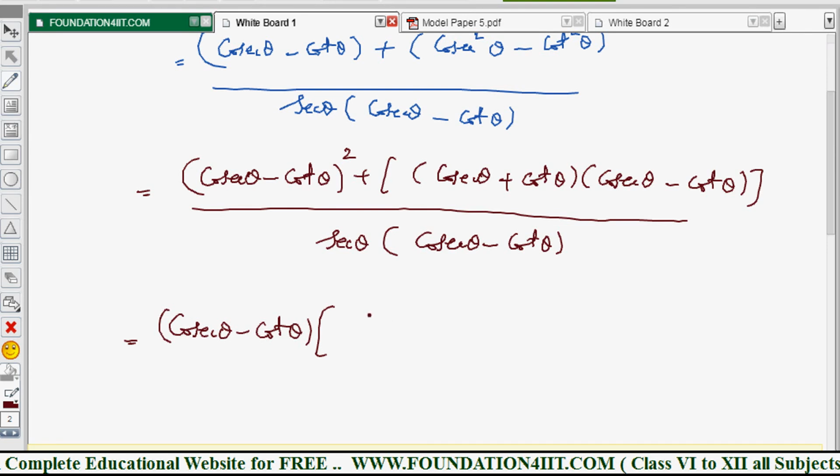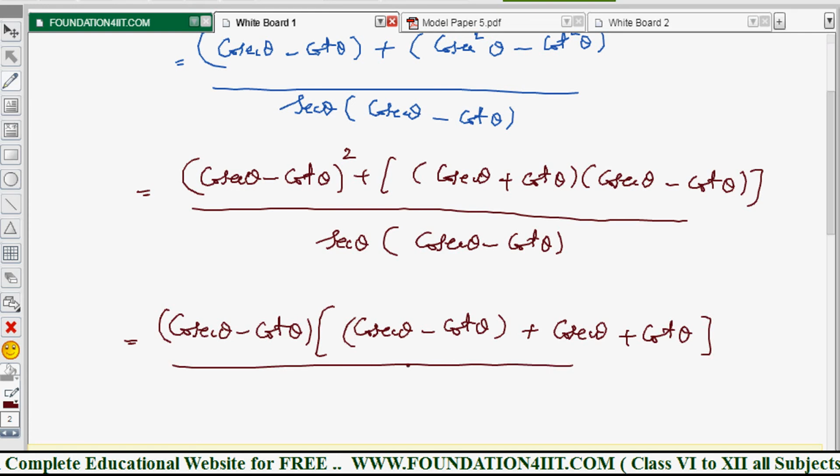Then one more (cosec theta minus cot theta) is left, because this is a square, plus, and only cosec minus cot is common, so the remaining cosec theta plus cot theta is left, divided by sec theta into (cosec theta minus cot theta).